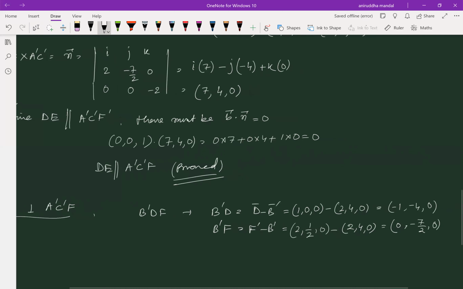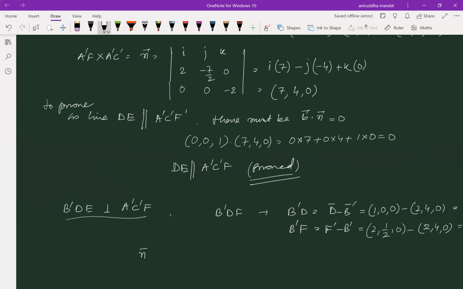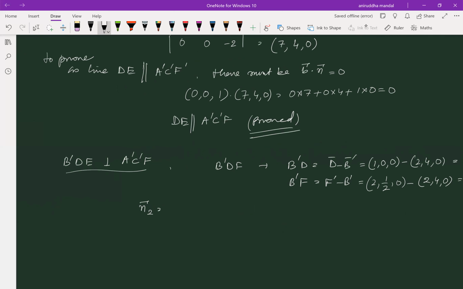Okay, so now we have to find the normal vector. So normal vector n2 is their cross product. So i, j, k, b dash d cross b dash f.